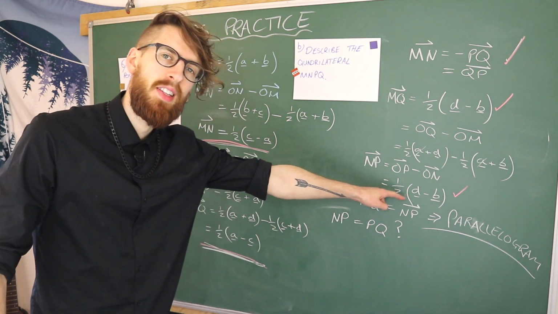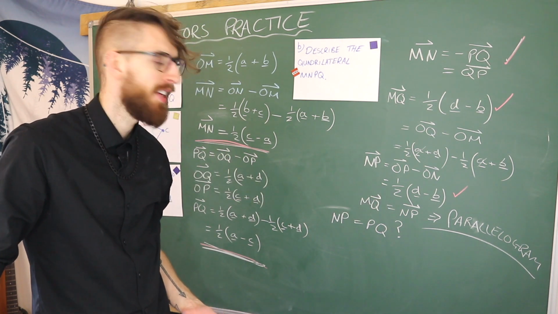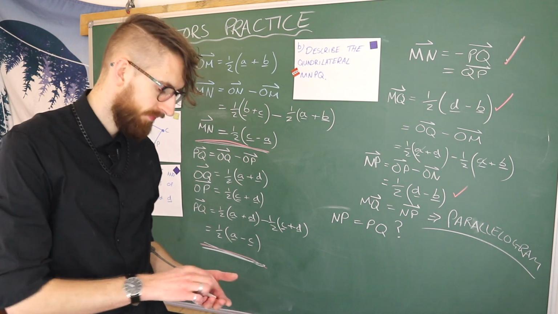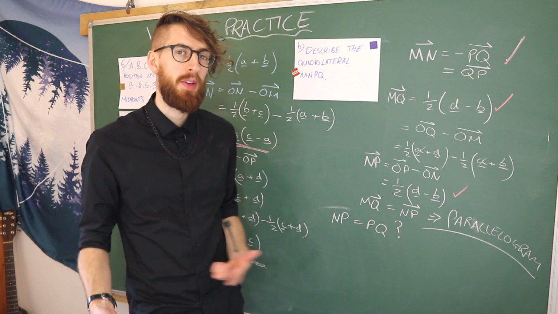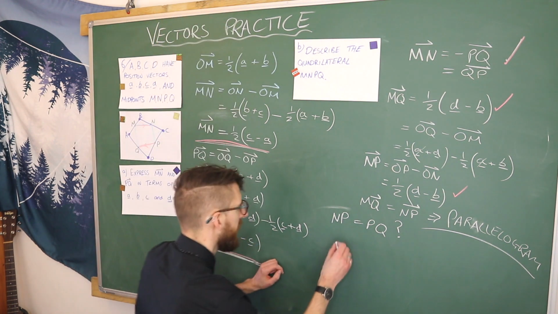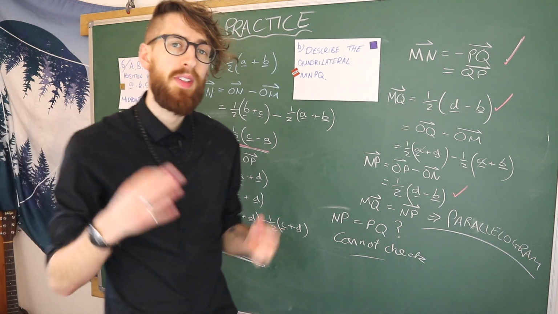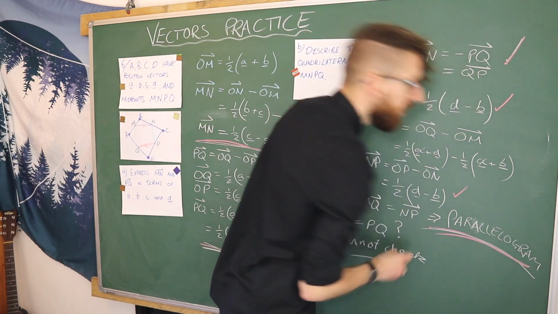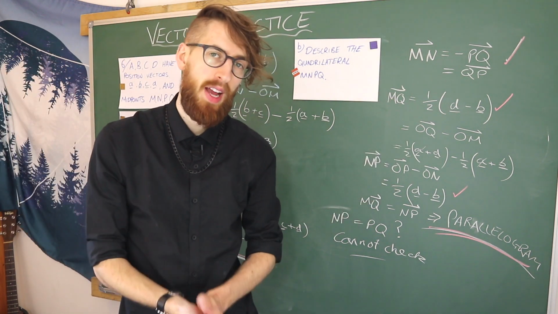All we've got is D's and B's and A's and C's. We don't know what the y component is or what the x component is. So we can't actually check. We can't do Pythag of a vector where we don't know its components at all. So we can't check if it's a rhombus, so we're just going to stop and say it's definitely a parallelogram. And that is it. That is the full spice going on here.